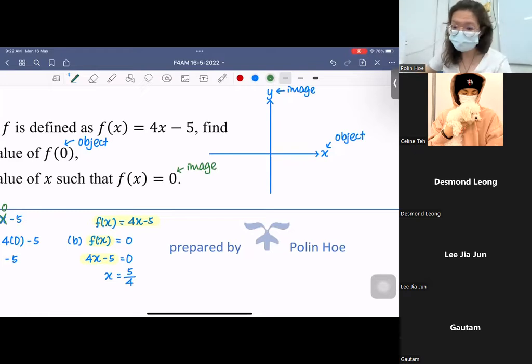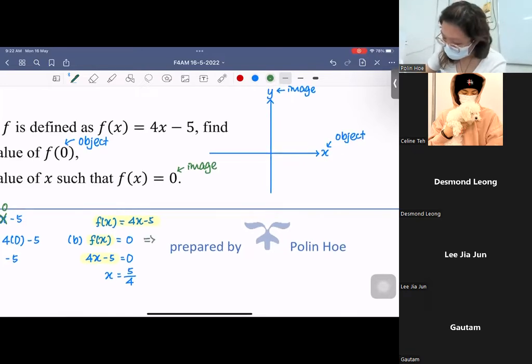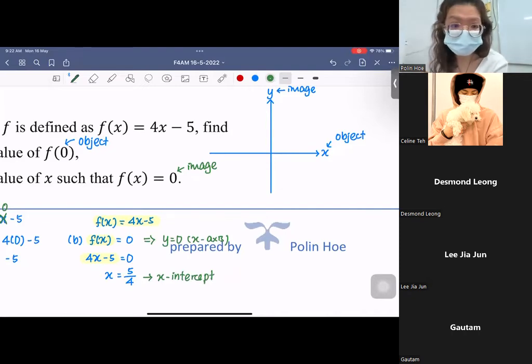And this is something extra for you. y equals 0 is your x-axis, and this value will be known as your x-intercept.